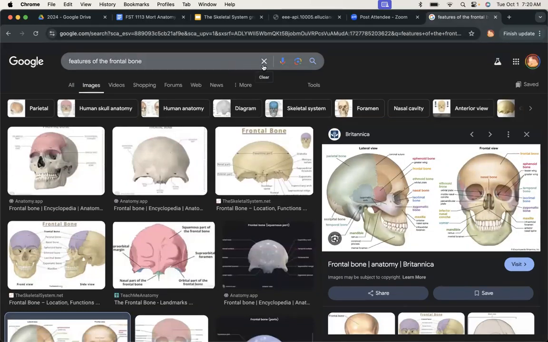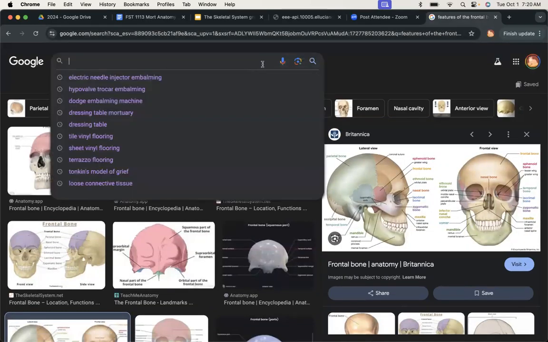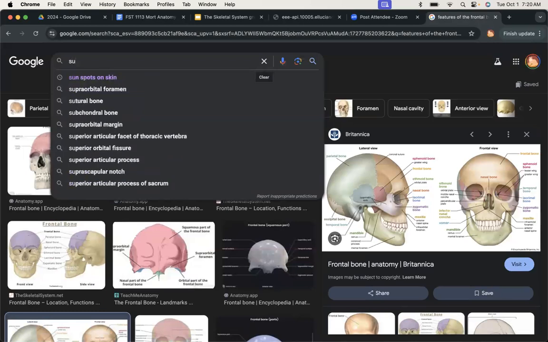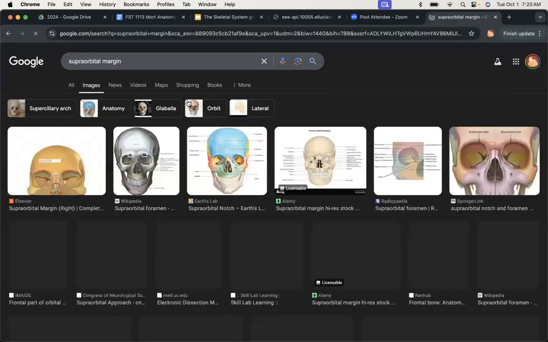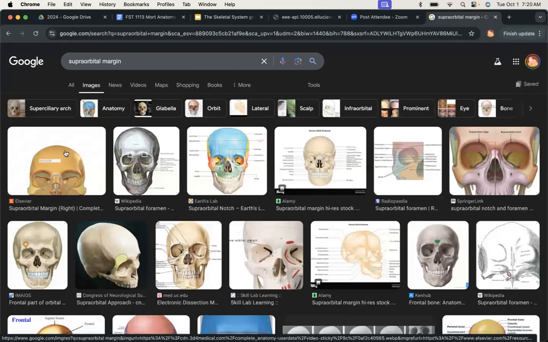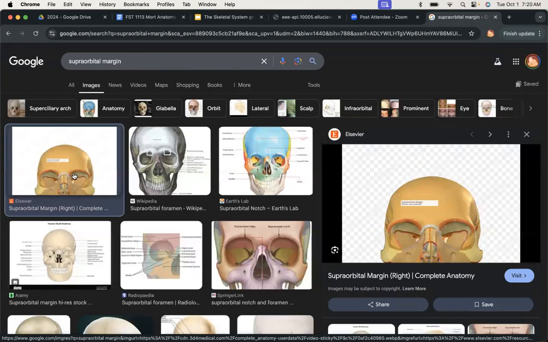Let's start with supraorbital margin. So supra means above. Supra means above your orbits, your eyes. So that margin, supraorbital margin, is a feature of the frontal bone.